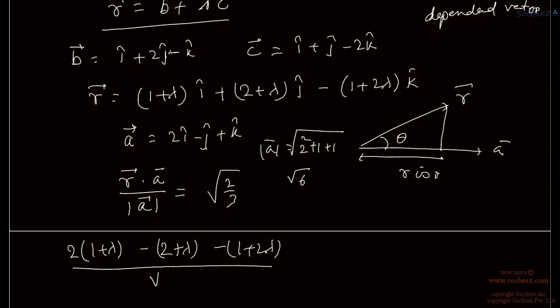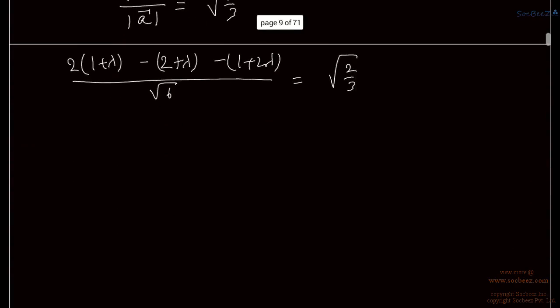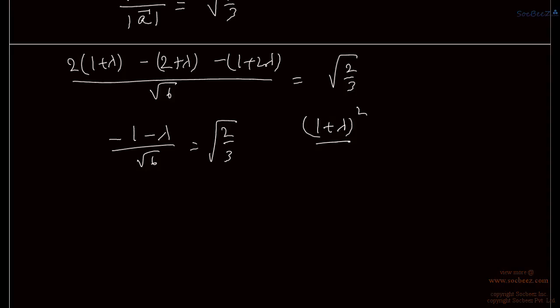This is equal to root under 2 upon 3, or we have 2 minus 2 is 0, minus 1, 2 lambda minus lambda, that is lambda, minus 2 lambda minus lambda, upon root 6 is equal to root under 2 by 3, or we have 1 plus lambda square upon 6 is equal to 2 upon 3. 3 times 2, 2 to the 4.